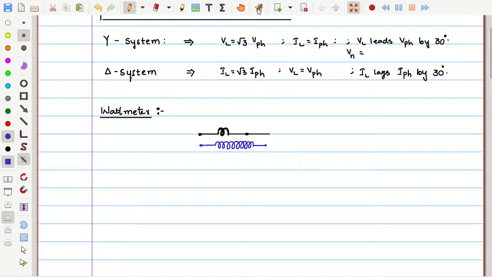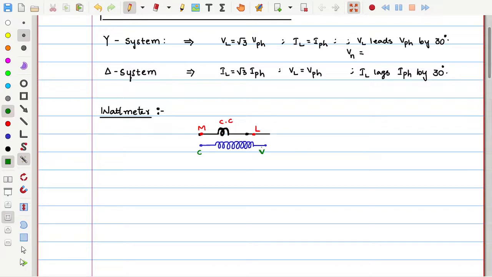Okay. Now let us see the names of these two coils. The first coil we call the current coil. CC means current coil, whose terminals we usually represent as ML. This is the symbolic notation that we will use for the terminals of the current coil. And one more is CV.